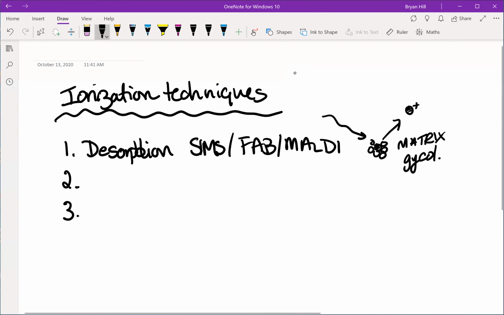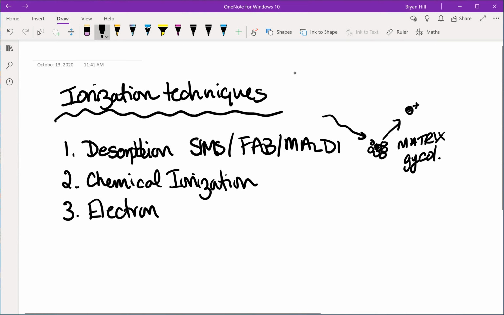What were some other ionization techniques? Could be chemical ionization. Right, there was chemical, and the one which was similar to this would be the electron impact or electron ionization.